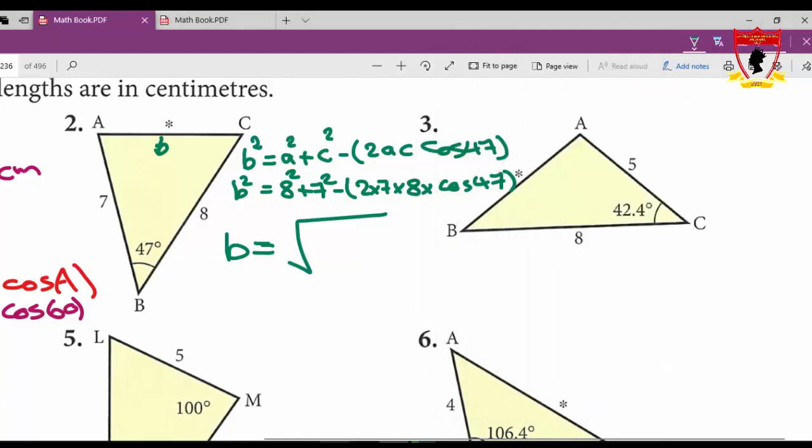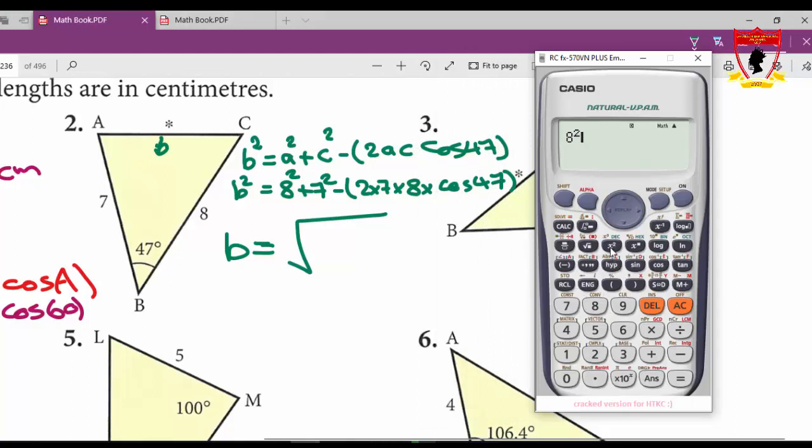Now we have 8 squared plus 7 squared minus bracket 2 times 7 times 8, which is 2AC, then times cosine of 47.